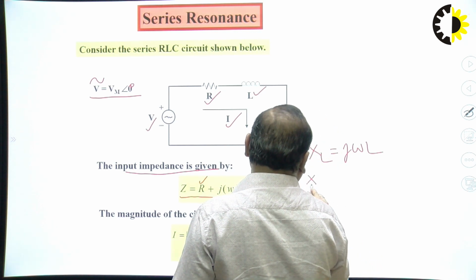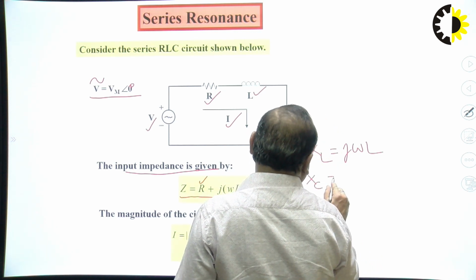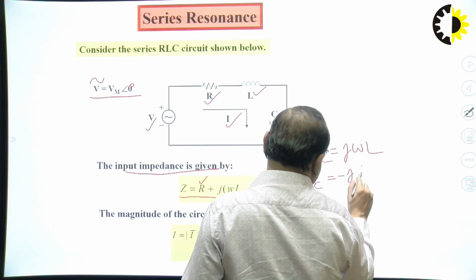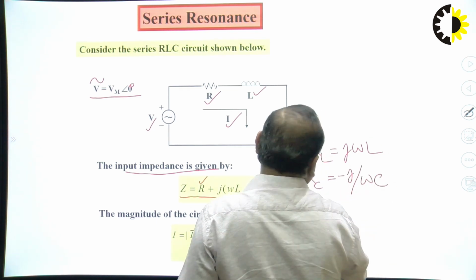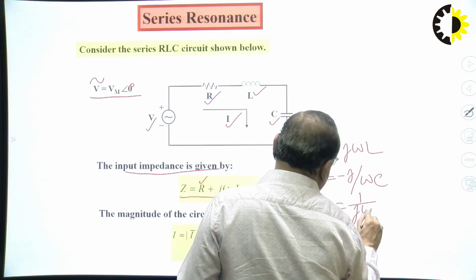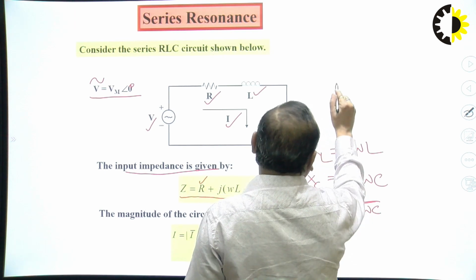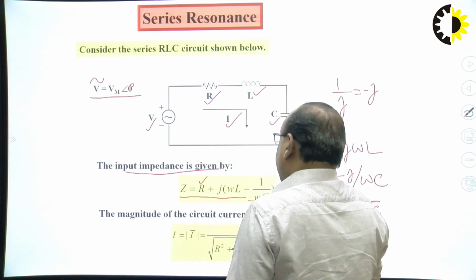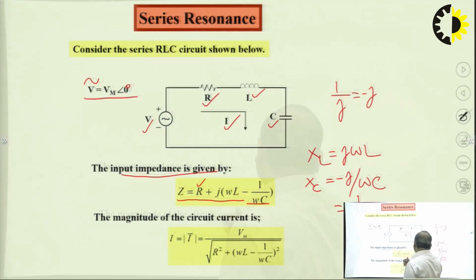Similarly, capacitive reactance XC, that is in complex form written as minus j upon omega C or 1 upon j omega C. Anyway, we can write it, since 1 upon j equal to minus j. So, with the help of this, we have written this expression for impedance for this circuit.